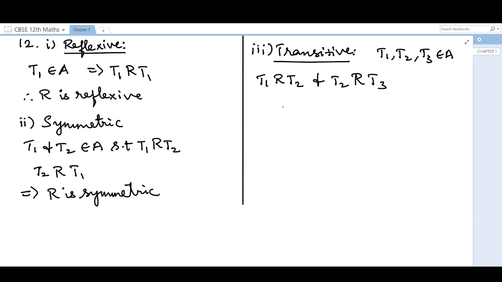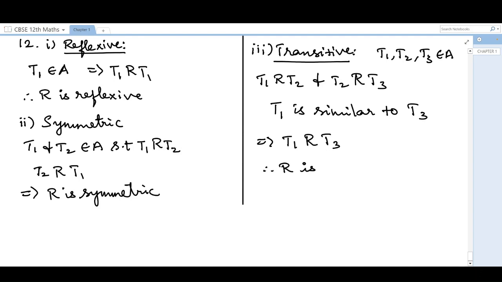So from this what we could conclude is T1 is similar to T3 since their corresponding angles will be congruent and their corresponding sides will be in proportion. So this implies T1 is related to T3. Therefore the relation R is transitive. Since the three properties got satisfied, we can conclude that R is an equivalence relation.